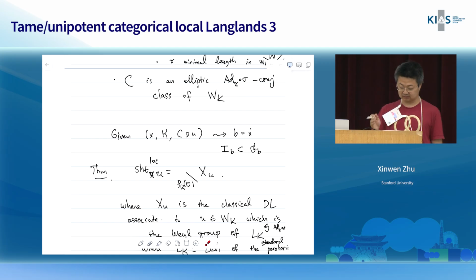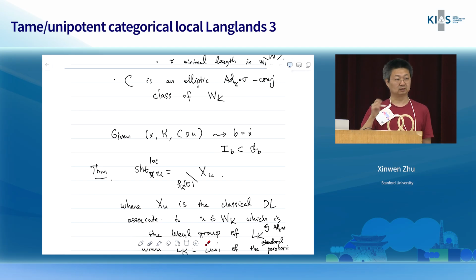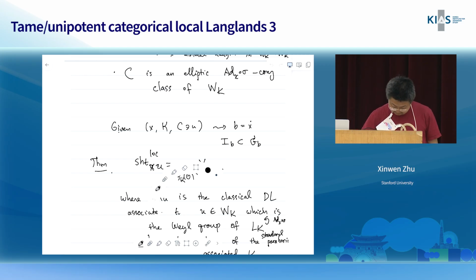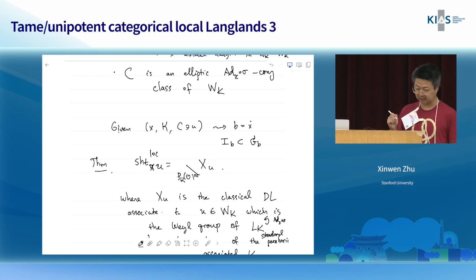It's just a finite Lusztig variety modulo some parahoric of G over the maximal unramified extension, fixed by X sigma.